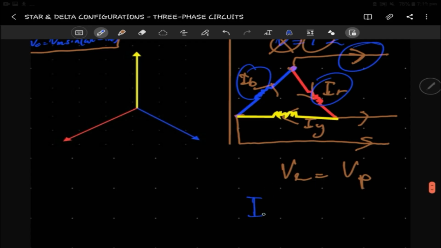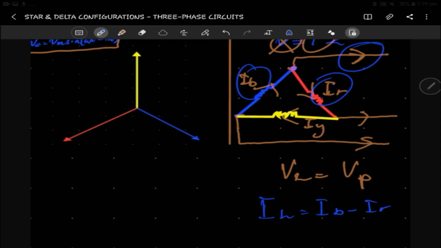The ones entering and the ones leaving are this and this. So if you are trying to find the line current, it will be equal to the one entering, the current IB minus the current IR.